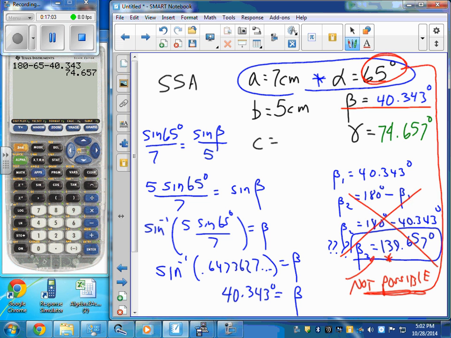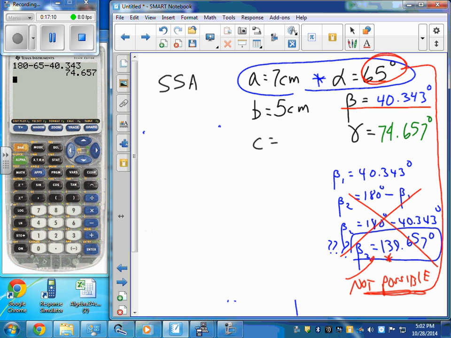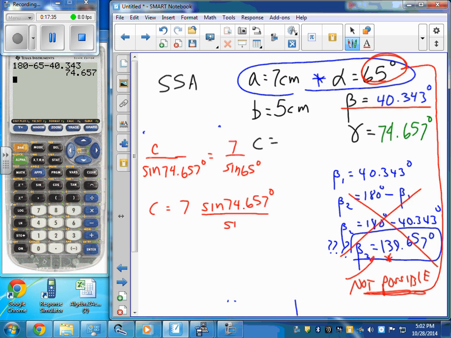And because we only have a single value for gamma, we have but a single value for C. So let's chase that down. We have C over the sine of 74.657 degrees is 7 over the sine of 65 degrees, again the law of sines. So C is 7 times the sine of 74.657 degrees over the sine of 65 degrees.